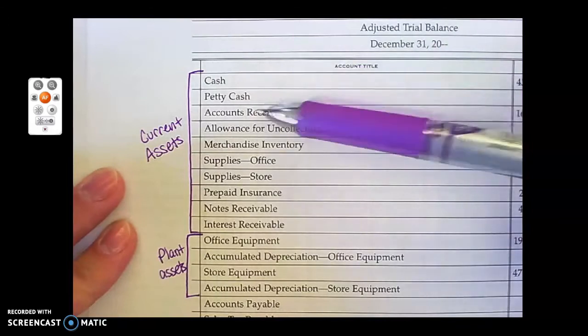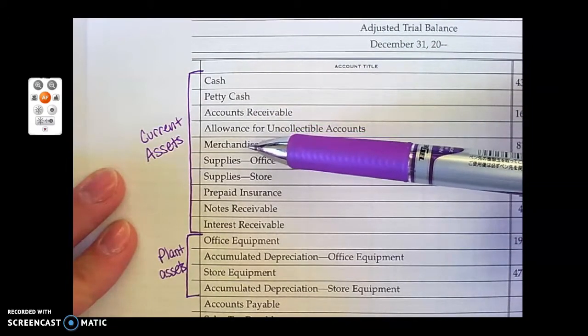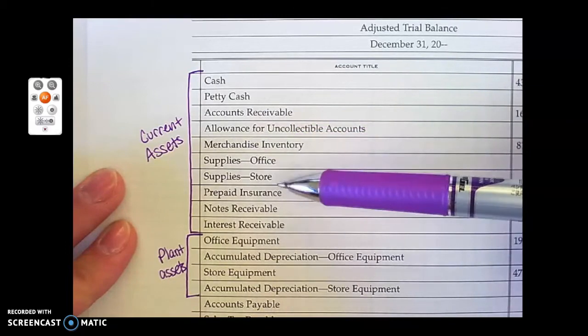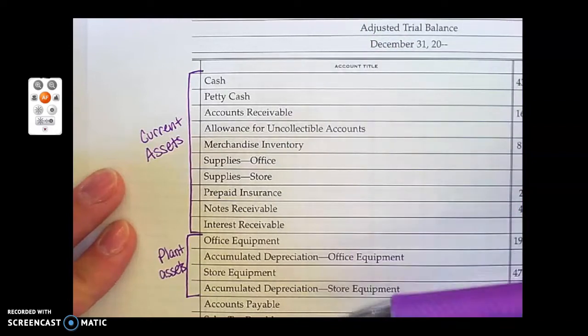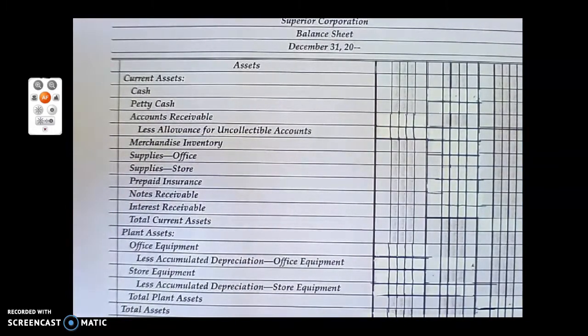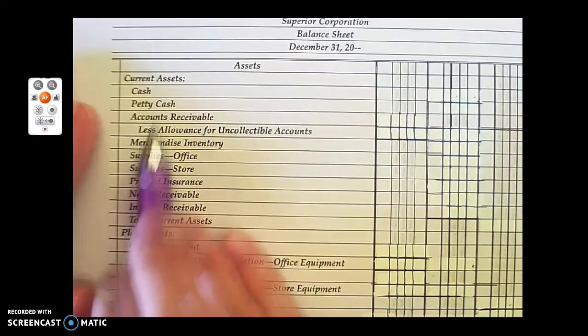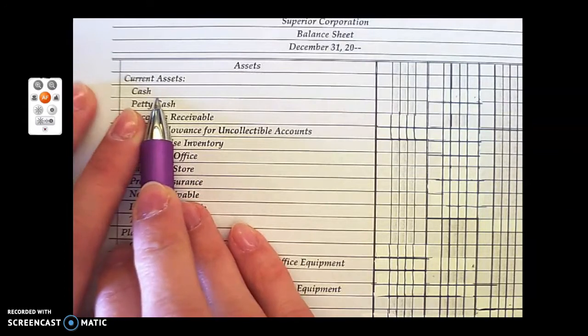Current assets are things we own of the business that we expect to use within 1 year or receive within 1 year, like notes receivable and also accounts receivable. Plant assets are things that we expect to use longer than 1 year. So we're going to start with that since that is our assets. So we will list current assets first with the colon after it, and then we will go and start listing our current assets.